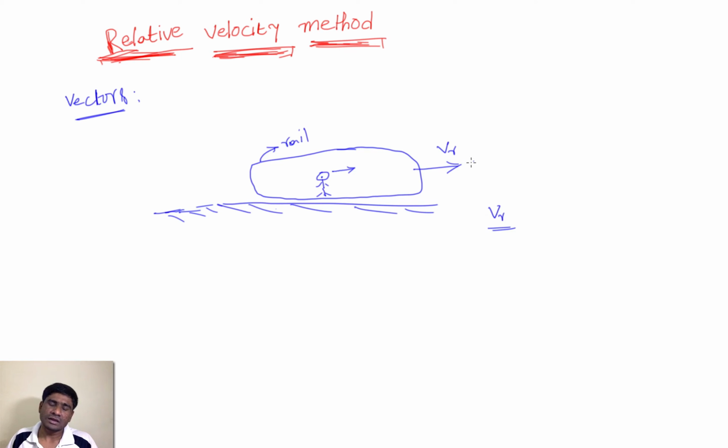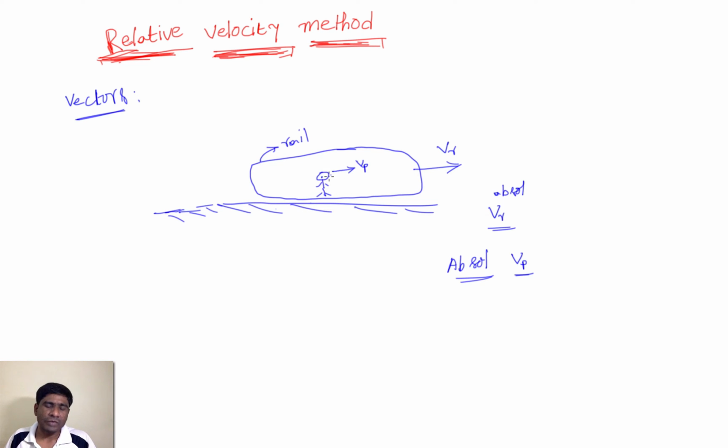The rail is moving in this direction, and inside it a man is also moving, for example, in the same direction. This is the velocity of the person P. So now, how can we say the absolute velocity of the person Vp? Because he is not directly walking on the earth, which is the reference plane here, but instead he is walking inside a rail.